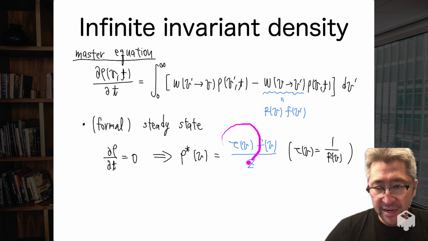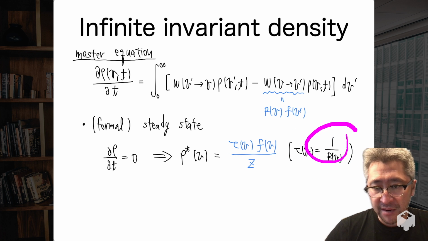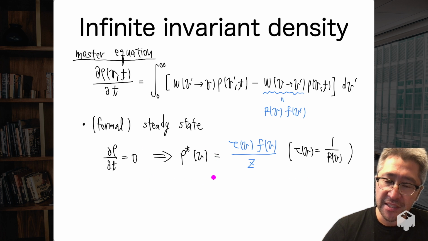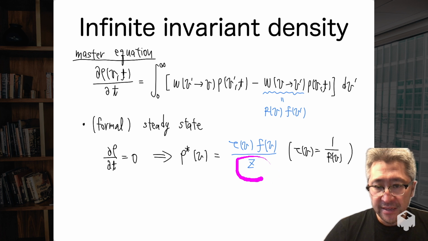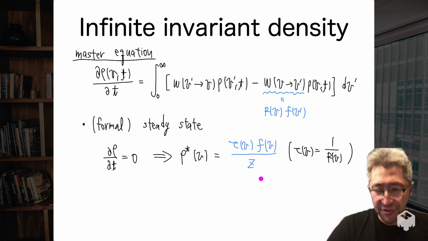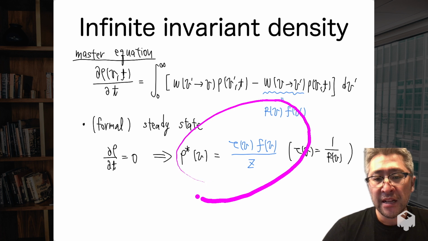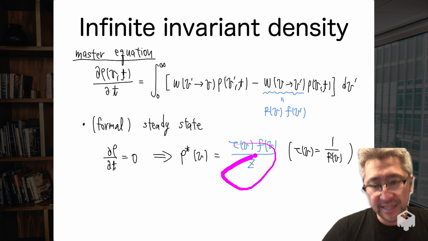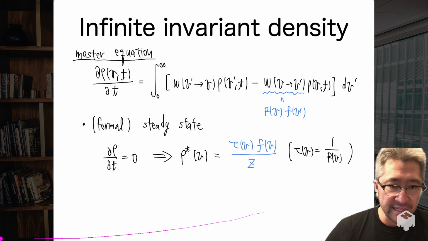So this tau(v) is 1 over R(v). So this steady state is given by this. It is important to note this Z is a normalization constant in the usual case, but here it cannot be normalized. So this Z is some constant, not a normalization constant.